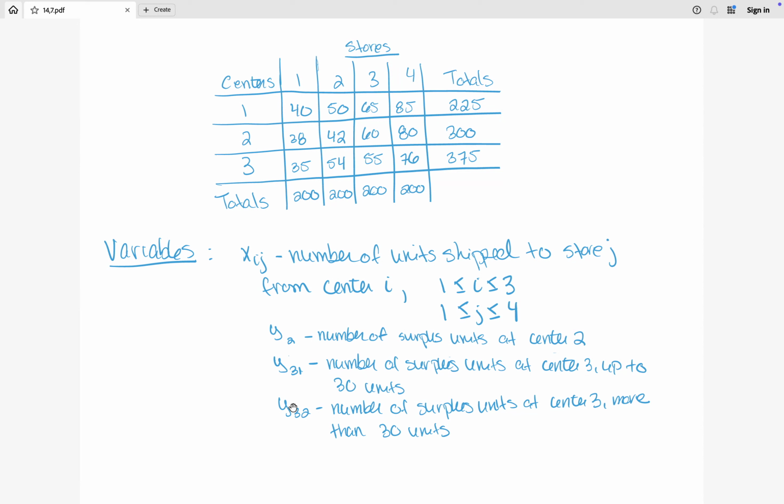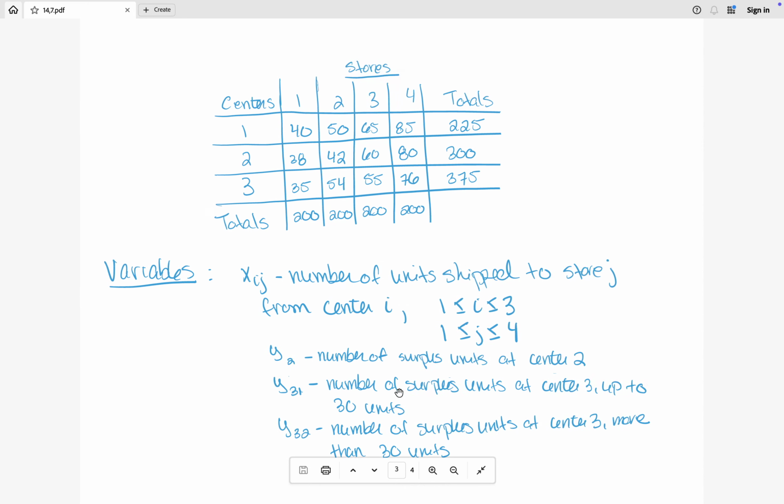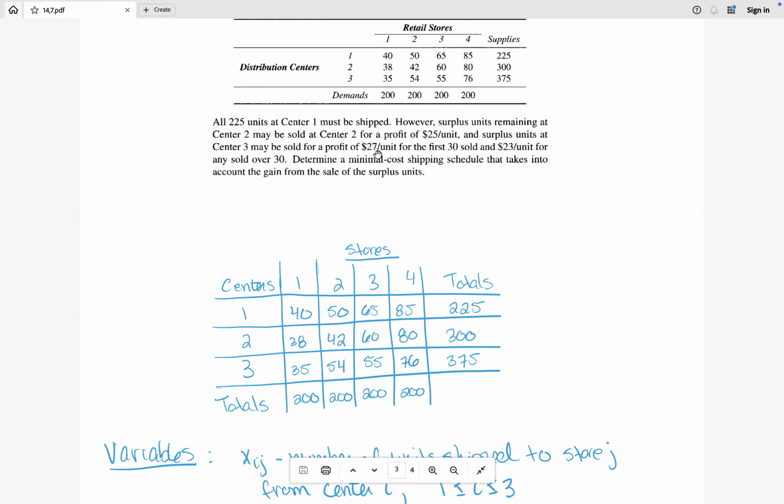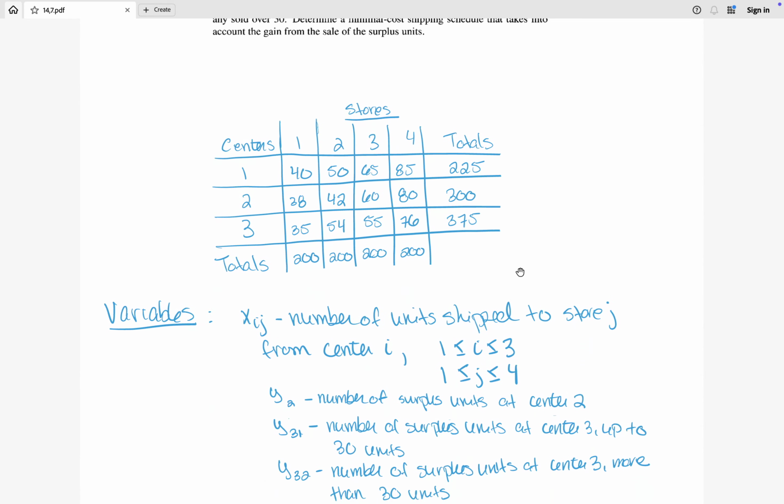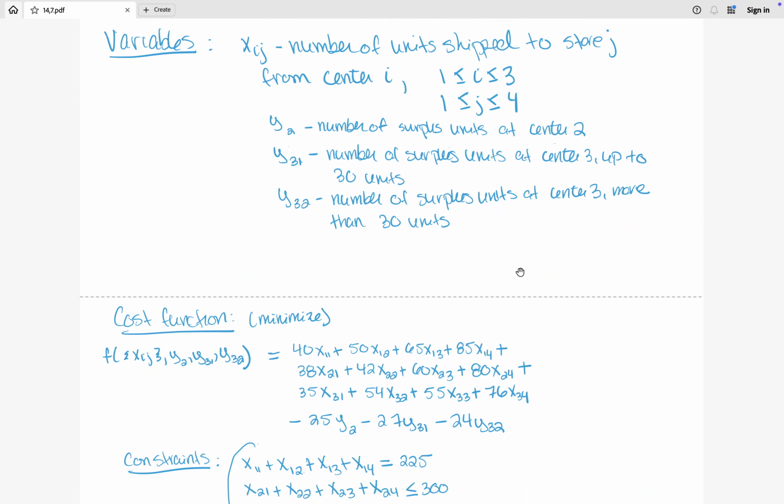May have made a little more sense, but that's just what I chose. Because there were different amounts of profit that could be made per unit sold. So up to the first 30 units, I believe we were going to make $27 of profit per unit, and then it was only 23 after that. So that needed to be split up so that we could account for the difference.